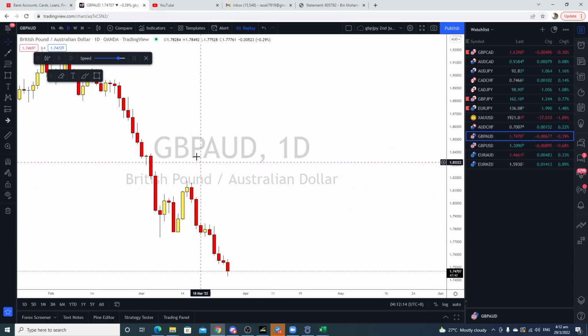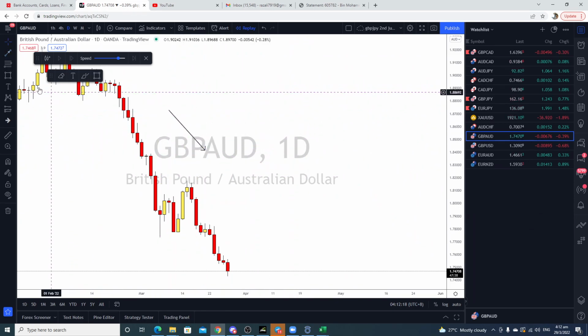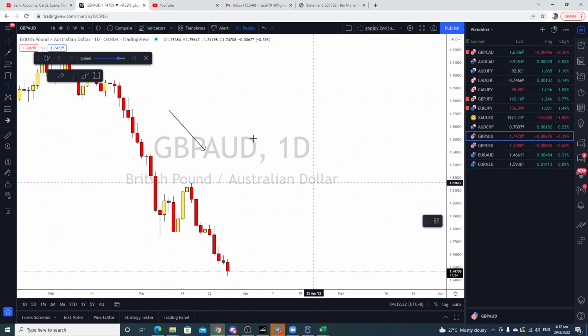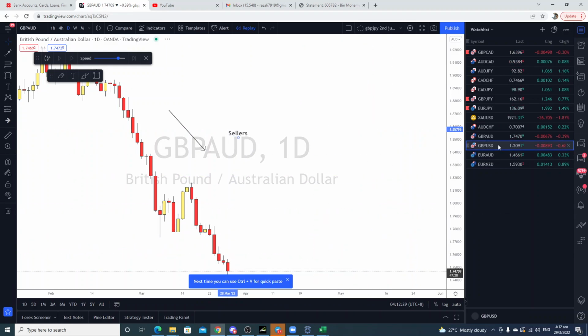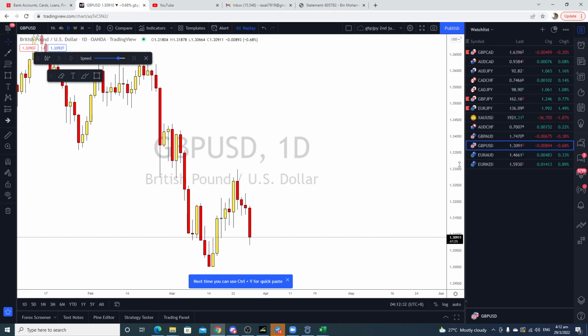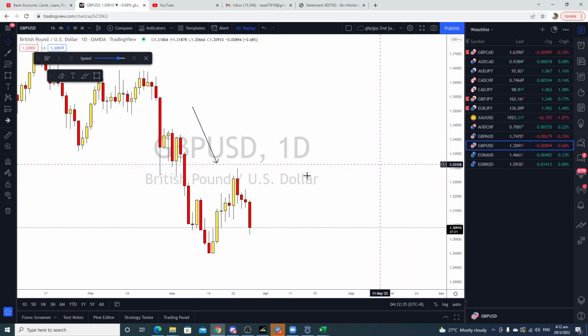Pound Aussie down. Trend is down. Momentum is still strong. Prices lower. Control sellers. Pound USD down. Closing prices lower. You can see from here.